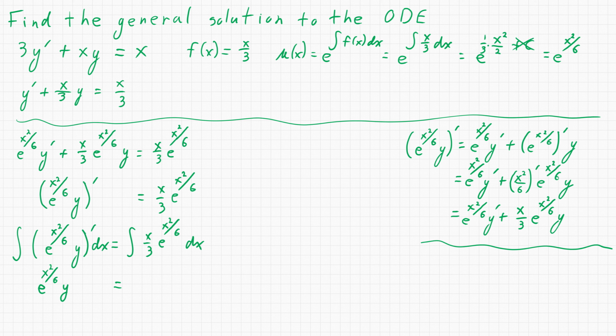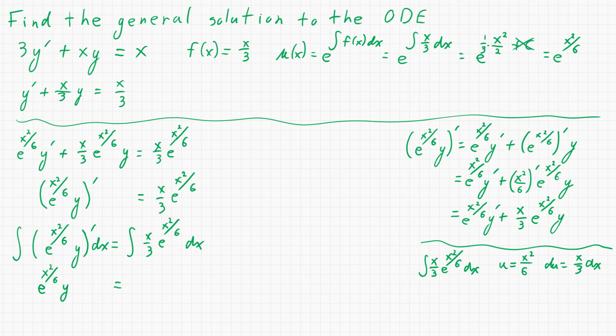So we have the integral of x over 3 times e to the x squared over 6 dx. If we do u equal to x squared over 6, then du is equal to, we take the derivative, so it's going to become x over 3 dx, right? So x squared becomes 2x, the 2 can cancel with the 6 partially, becoming a 3, so it's just x over 3 dx.